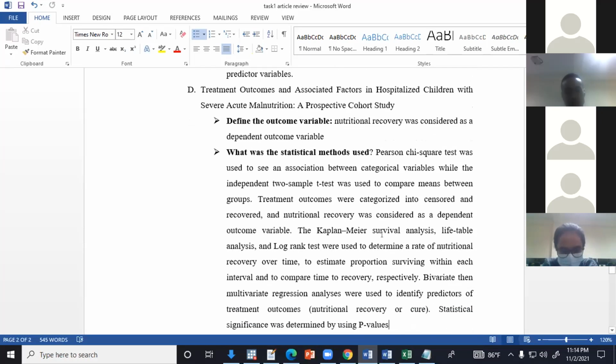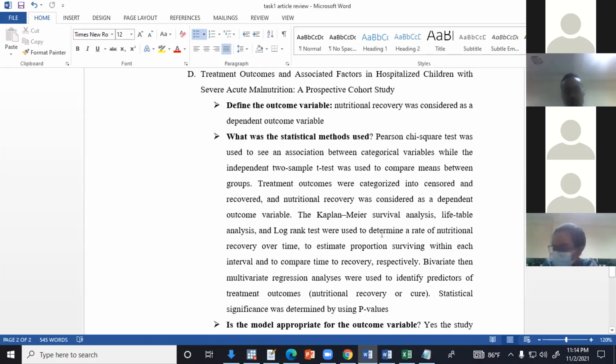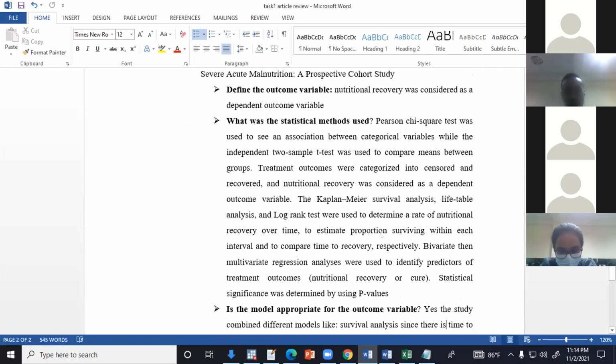Kaplan-Meier survival analysis, life table analysis, and log-rank tests were used to determine the rate of nutritional status recovery over time, to estimate the proportion surviving within each interval, and to compare time to recovery, respectively. Bivariate and multivariate regression analysis were used to identify predictors of treatment outcomes.